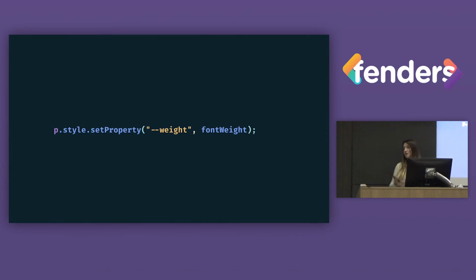I'm going to use CSS Custom Properties because it's a really neat way to do it. So in my CSS, I have a custom property called --weight. And then with a little bit of JavaScript, you can find the element that you want. You set a style property of your weight custom property, and then you pass in your new font weight that we just made.